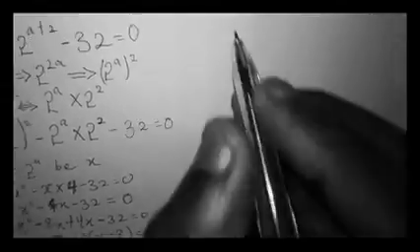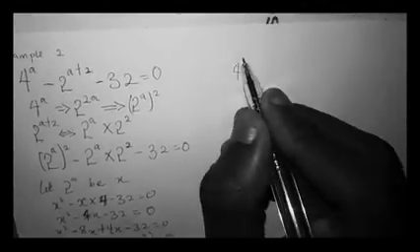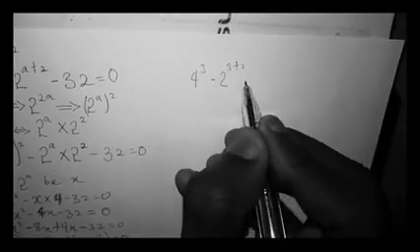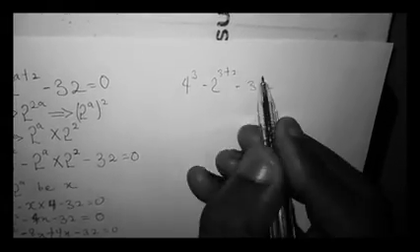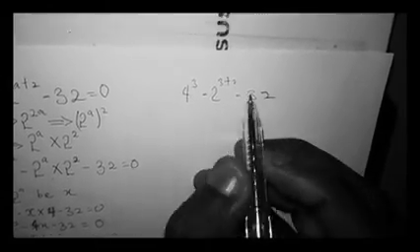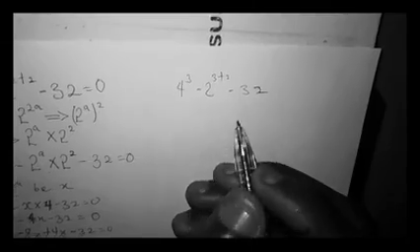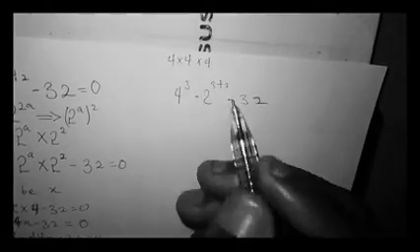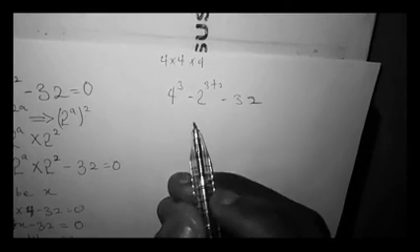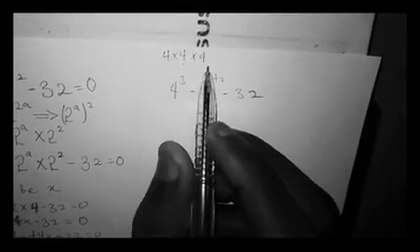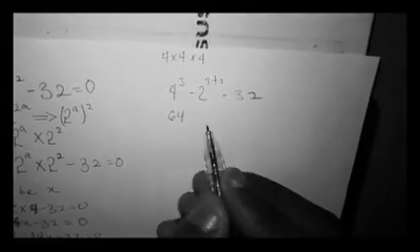And if you check that, let's check that here. That will be 4 raised to power 3 minus 2 raised to power 3 plus 2 minus 32. 4 raised to power 3 is 4 times 4 times 4. 4 times 4 is 16, and 16 times 4 is 64.